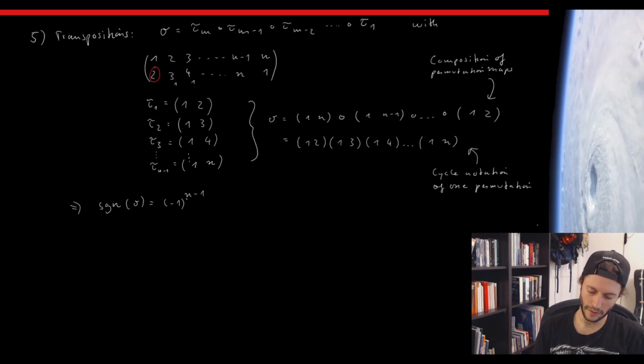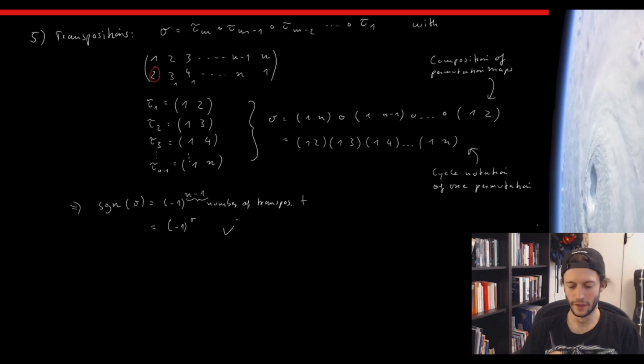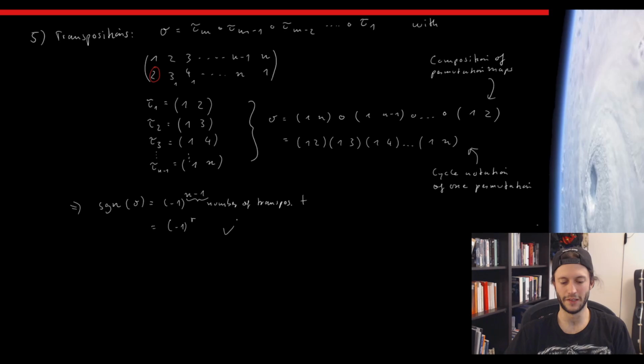So that's the number of transpositions, which was t, I think. And it equals -1 to the r. So this is not contradictory, and that's fine. That's what we wanted.